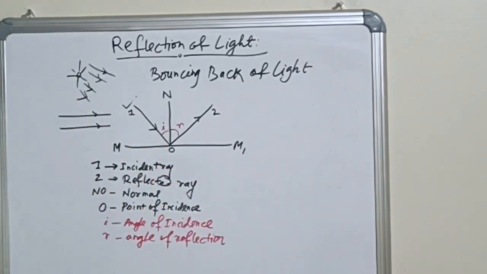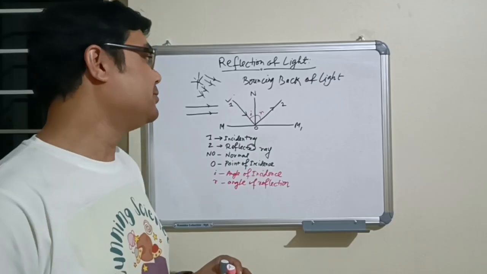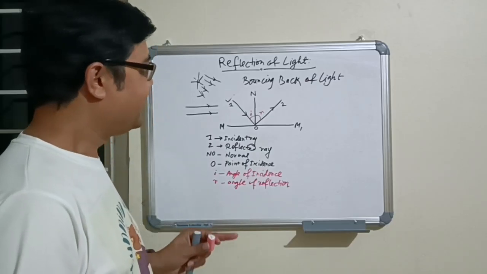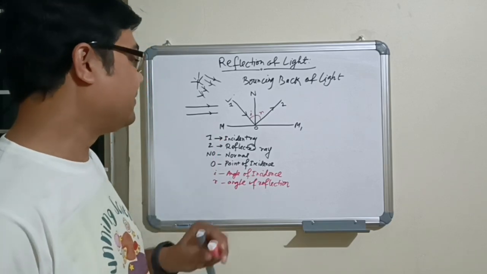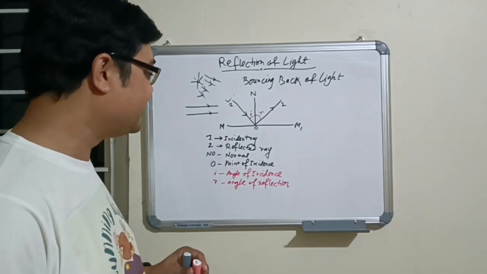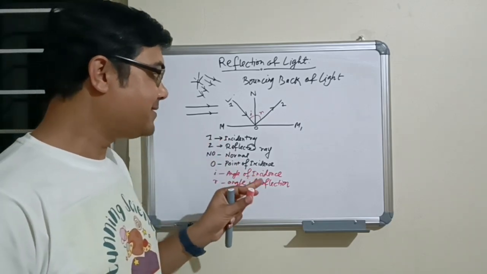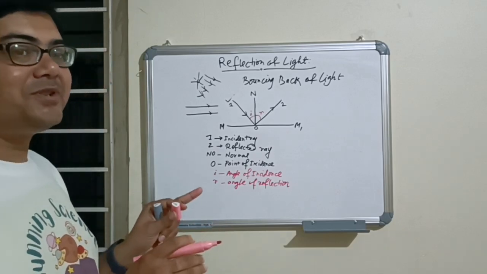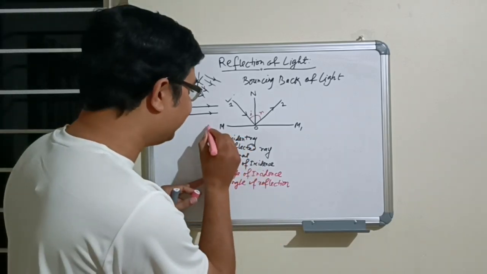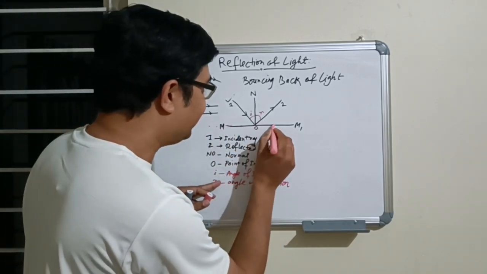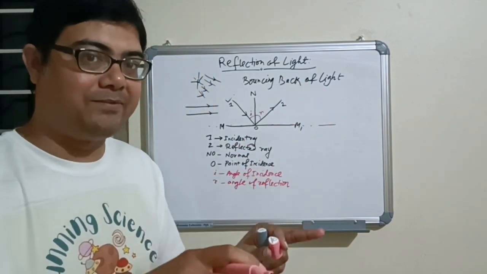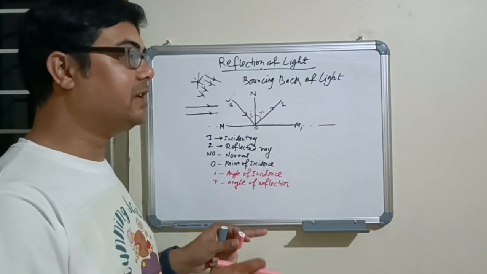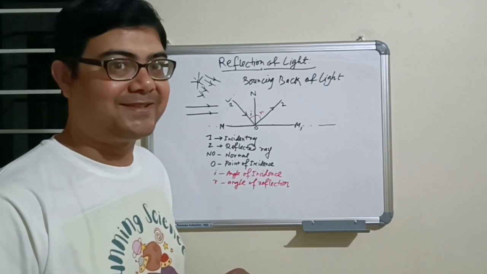I is equal to angle of incidence, R is equal to angle of reflection, ray 1 is the incident ray, ray 2 the reflected ray, NO the normal, O the point of incidence, and the most important thing, this is the plane on which the mirror has been kept. The plane is a very important term in physics.